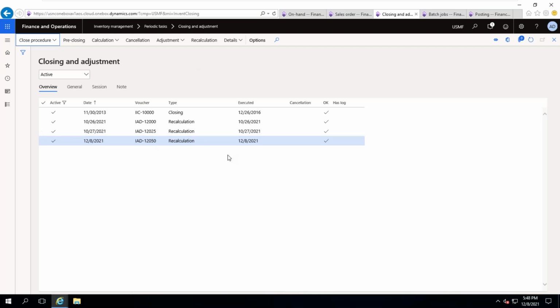Suppose I have executed inventory closing for the 8th of December, and now I want to post a transaction for the 8th of December. Then you can do cancellation. This cancellation you need to execute from the last one to the upper one.